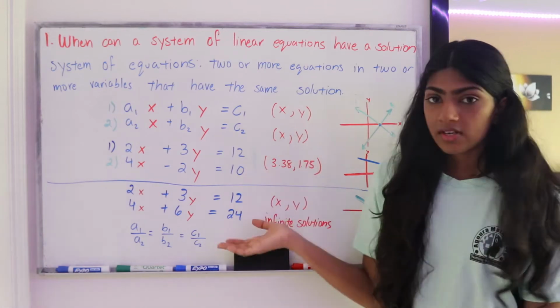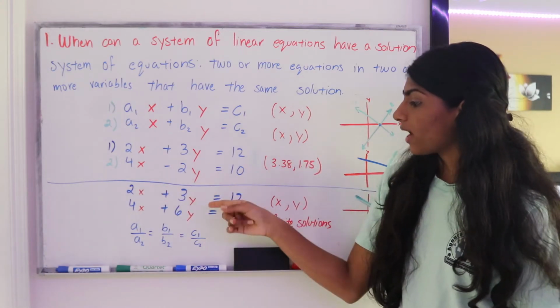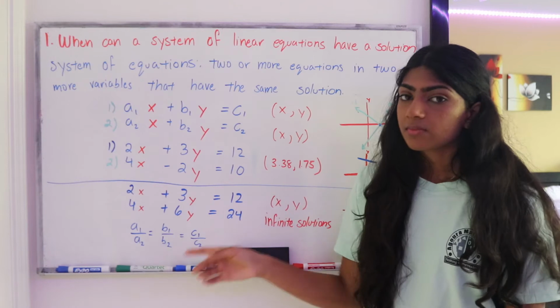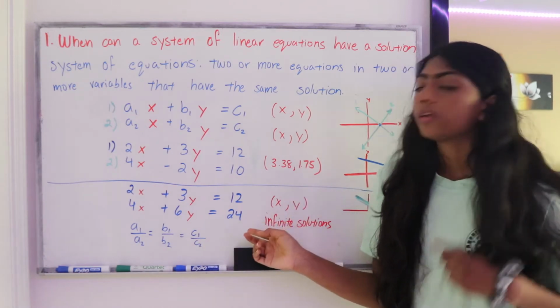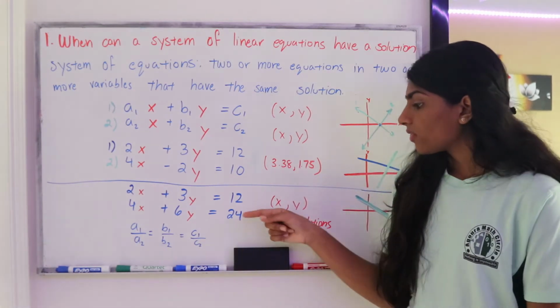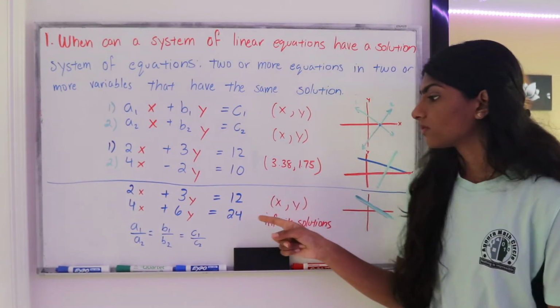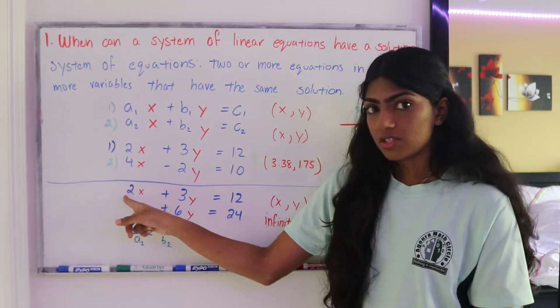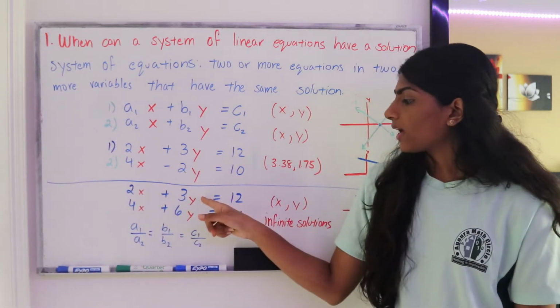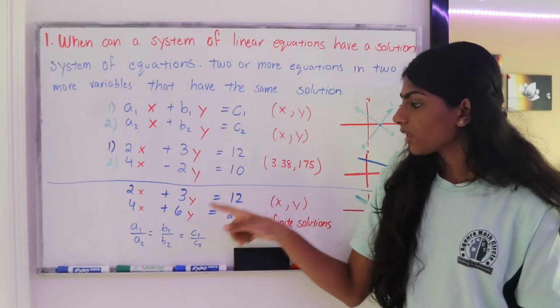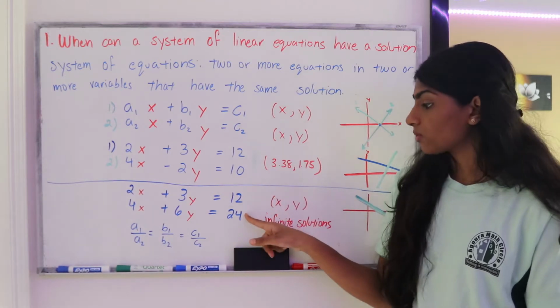So let's look at another example. 2x plus 3y equals 12, and 4x plus 6y equals 24. If we look at this really closely, this equation is just this equation multiplied by 2. As you can see, 2x times 2 equals 4x, 3y times 2 equals 6y, and 12 times 2 equals 24.